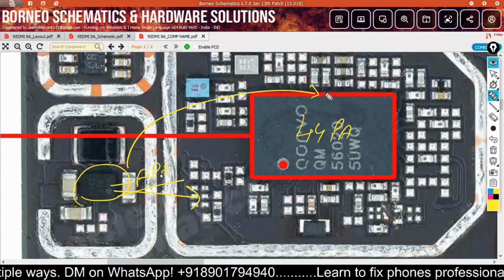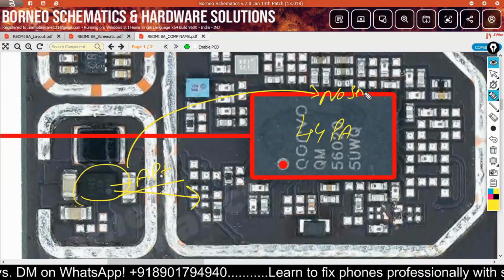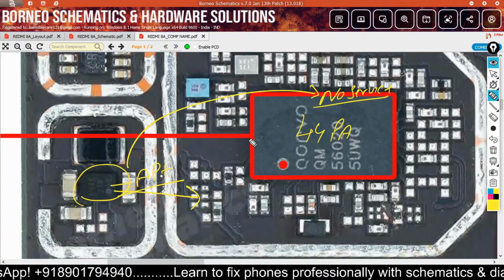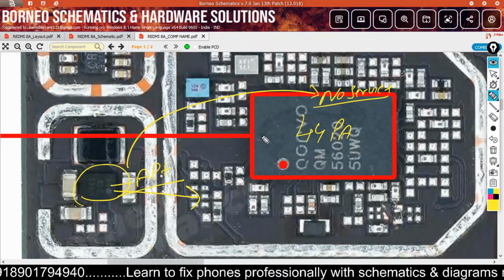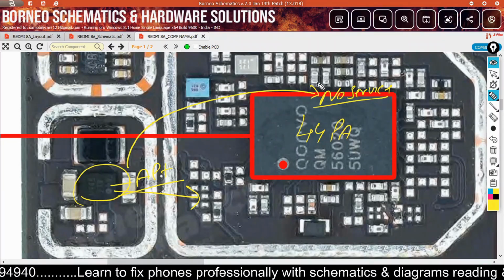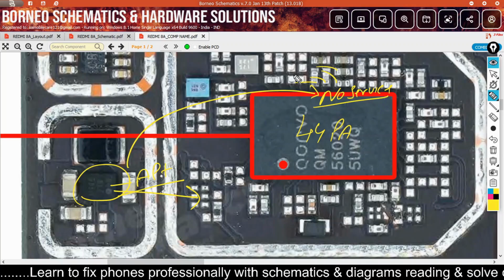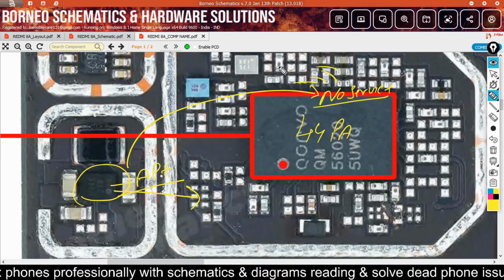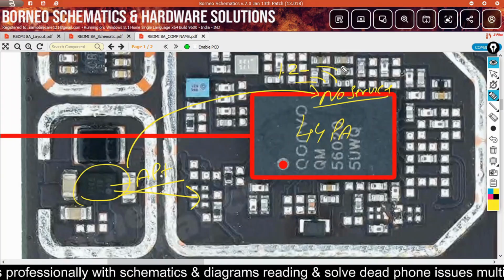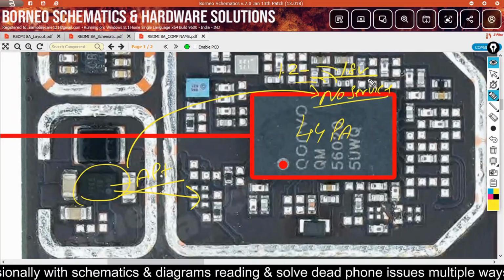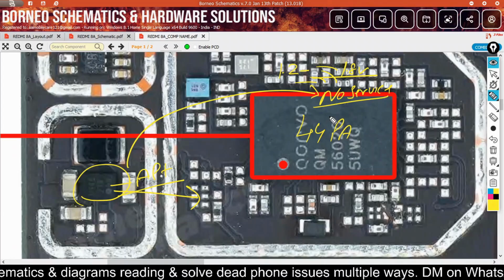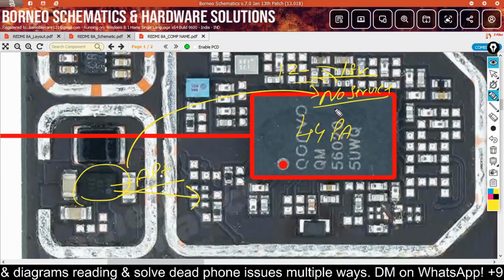Your phone on no service, there are high chances this line is open, most probably, in most cases. So near these gaps you will get this voltage, most probably like a default voltage, you will see 1.2 volt to 1.8 volt. Clear? We can bypass also. I will tell you about this later.